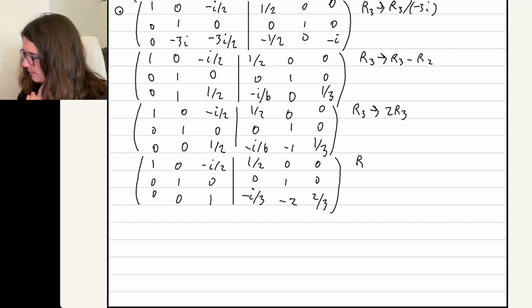And then now we go to row 1 and we add row 3 times I over 2, is what I should say.